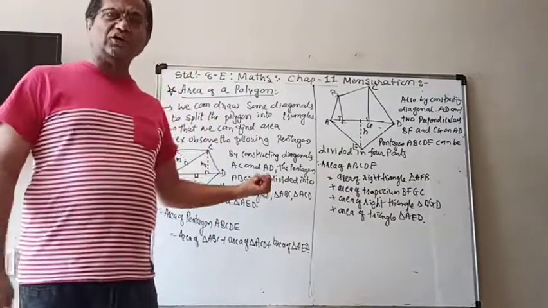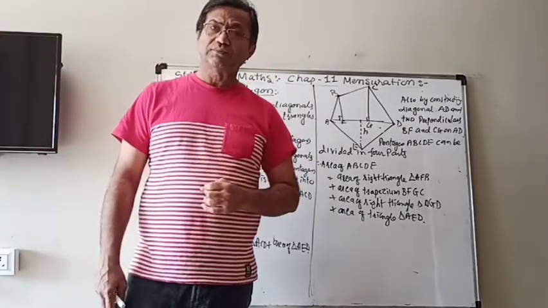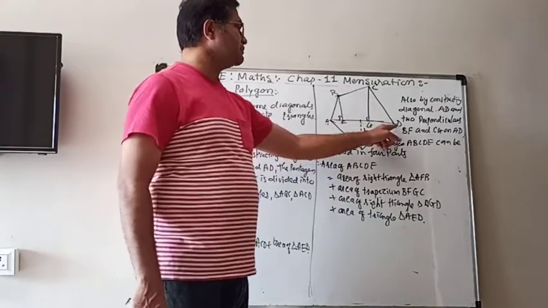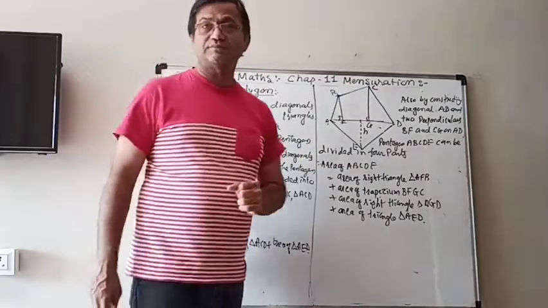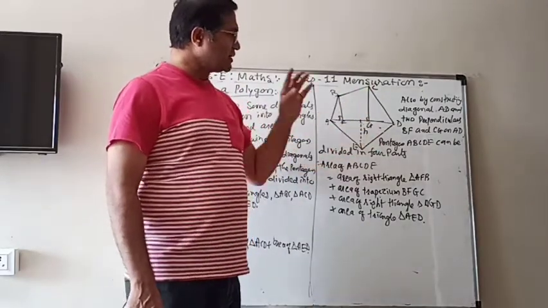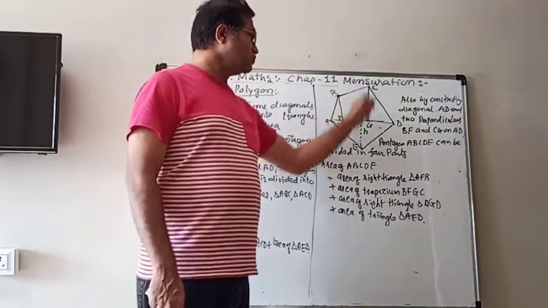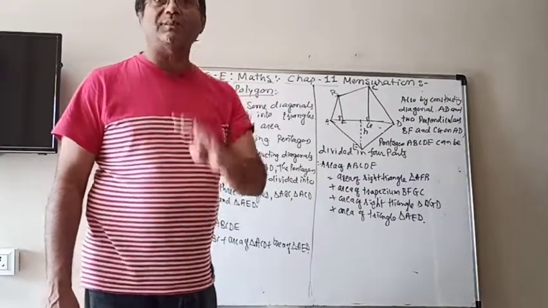Now the same pentagon can be divided into 4 parts also. Here we join only one diagonal, and on that diagonal we draw 2 perpendiculars, say BF and CG. Now by constructing this one diagonal and 2 perpendiculars, we split it into 4 parts.